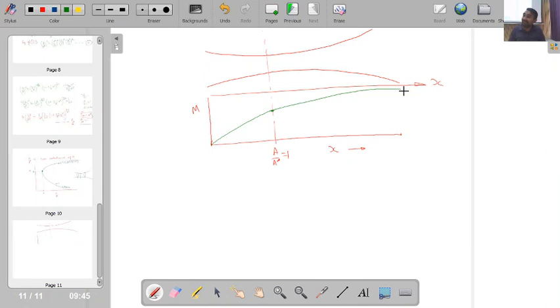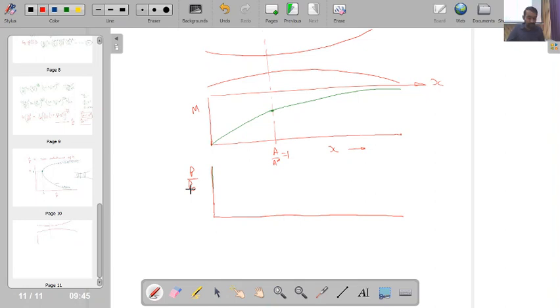So once we have defined the variation of Mach number, I can also define the variation of pressure. Say I want to plot P by P naught. What is P naught over here? The inlet pressure is P naught.